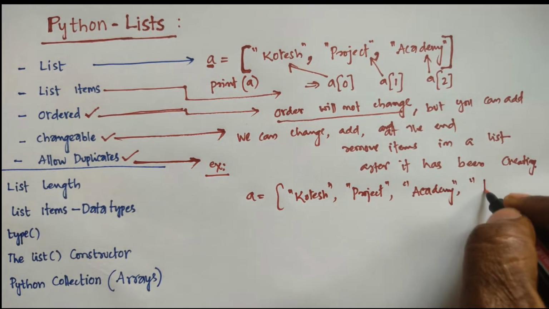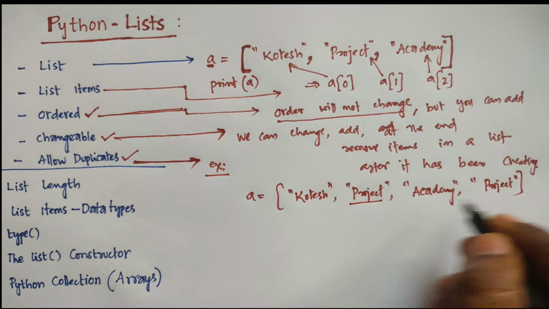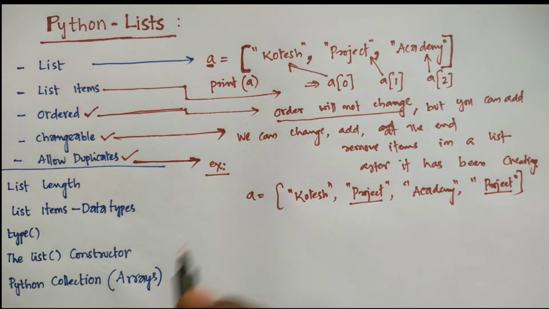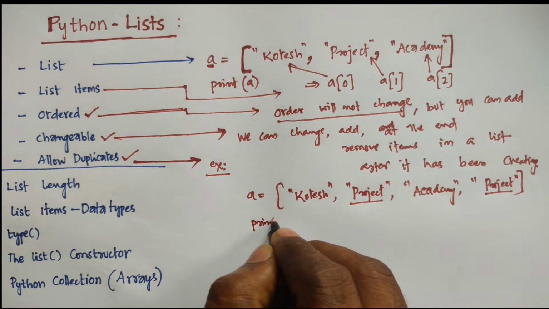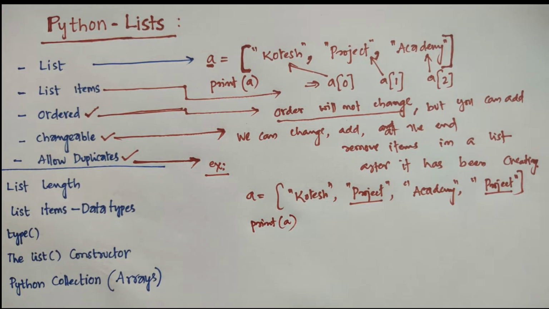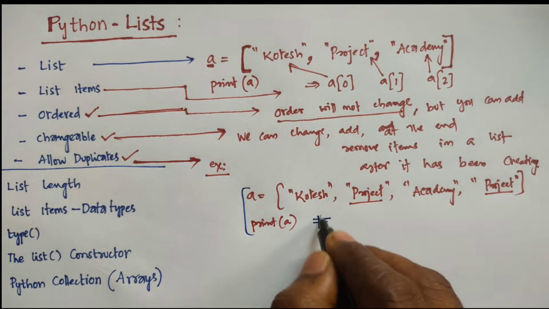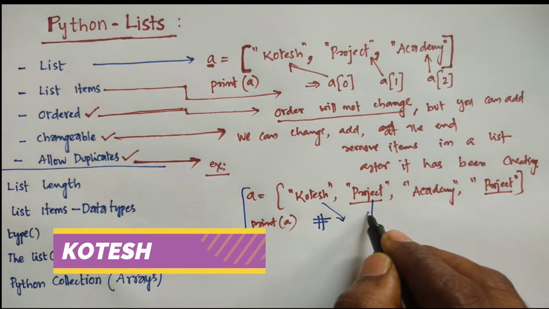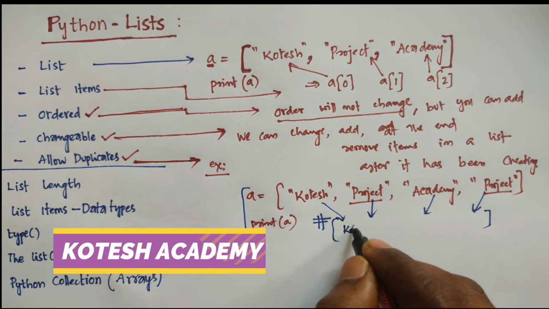Maybe you may take project again in the same variable. Here project has repeated twice, so that's why it allows duplicates. Then you use print of a and you will get the results as they are: quotation, project, academy, and project. We get this data without any change.